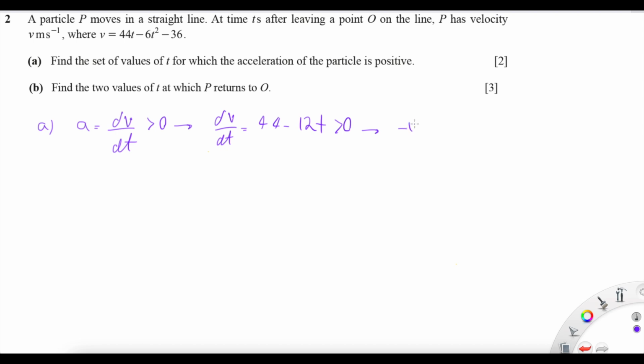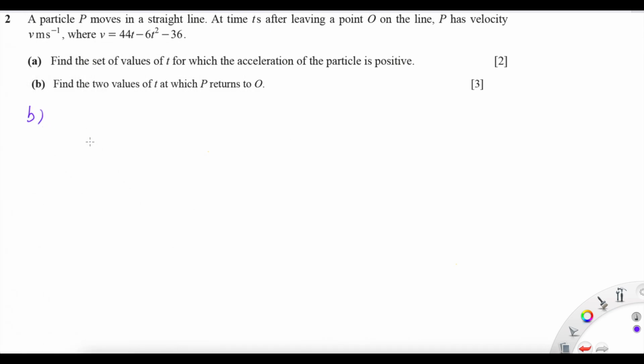So minus 12t is greater than minus 44. When you divide by a negative, you remember that you should change the orientation. So t is less than 44 over 12, which is 11 over 3. In this interval, acceleration is positive.